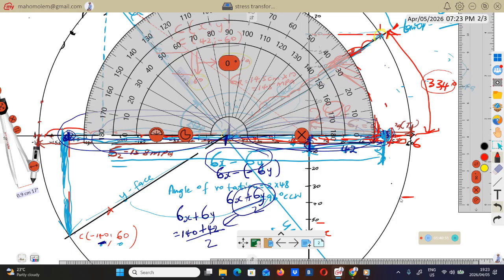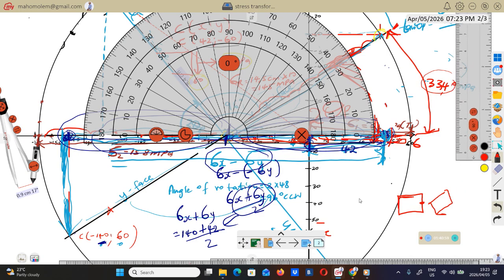But on the element, we're not going to rotate this element by 33 to reach the point of maximum shear stress. Well, on the element, we take this angle divided by 2. So that's why on the element, we are going to rotate the element by, sorry, this is anti-clockwise.